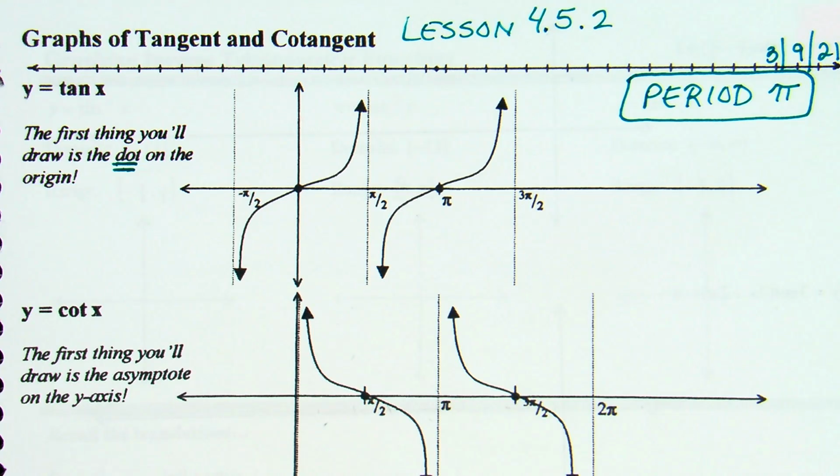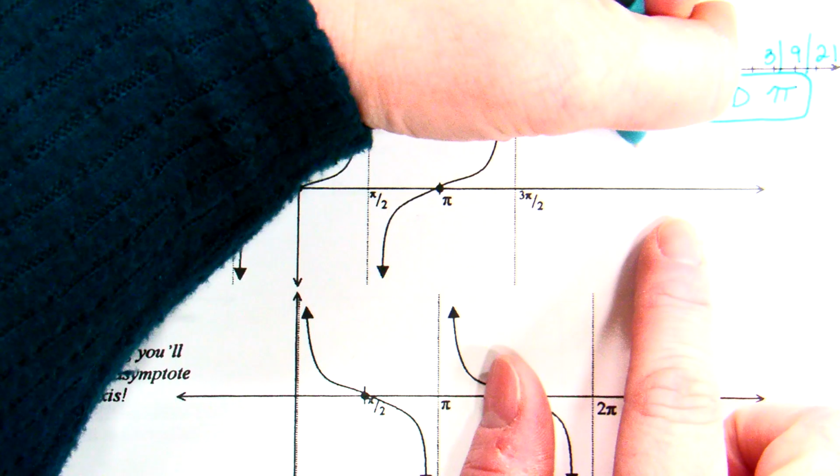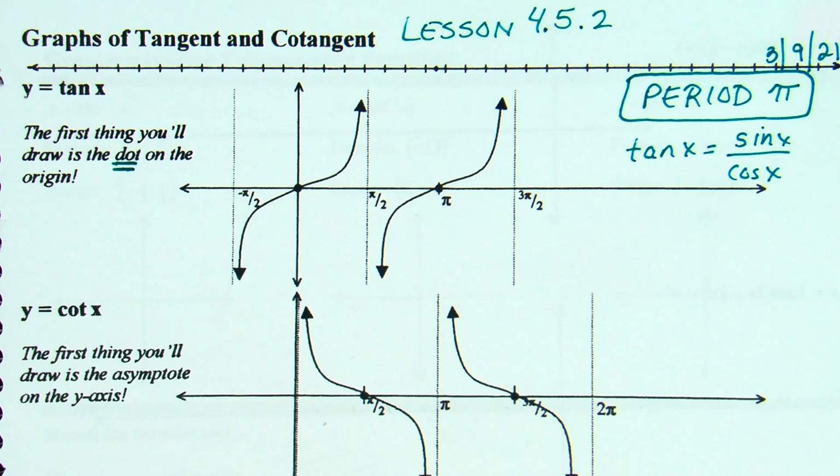What is tangent's relation to sine and cosine? A relationship to pull out of your brains is that tangent x is equivalent to sine x divided by cosine x.